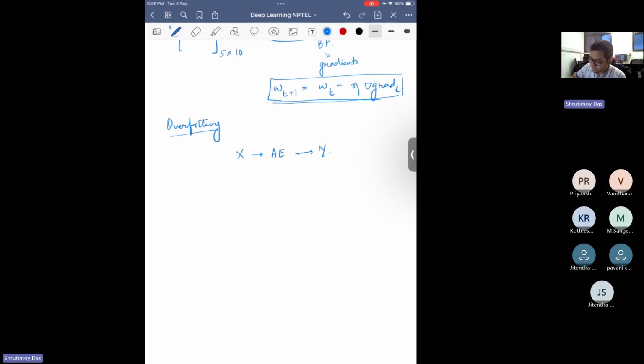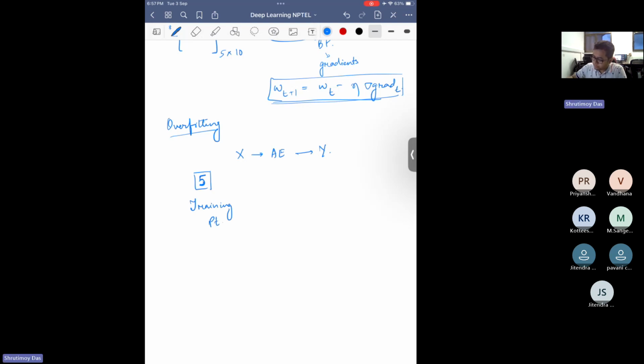What we want is that it should generalize well. Suppose I train it on this image. Suppose I say that the 5 looks like this: there is a straight line here, a straight line here, and a curve like this. So this is suppose a training point.